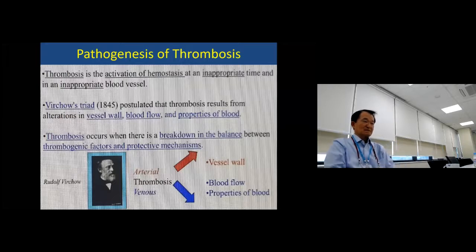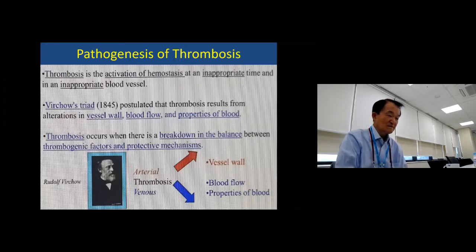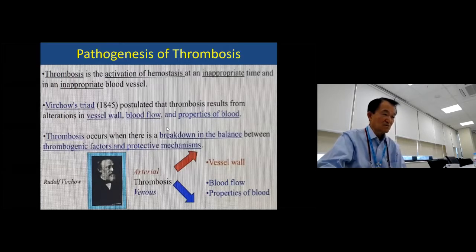Now, as you probably know, Virchow's triad was proposed almost 170 years ago, and that's the alteration in the vascular wall, blood flow, and property of blood.